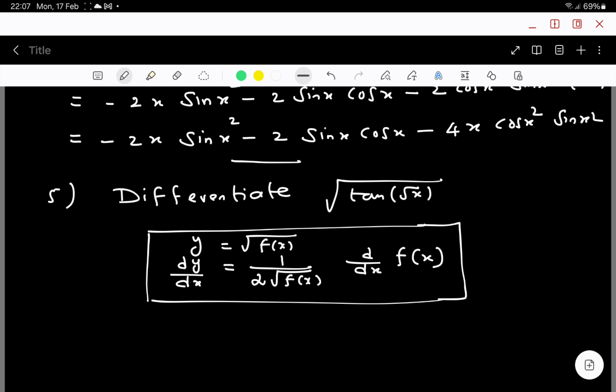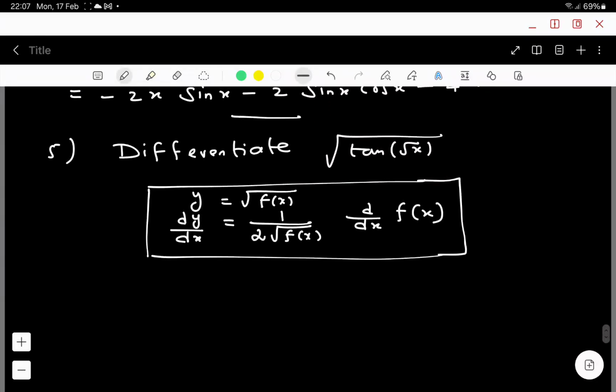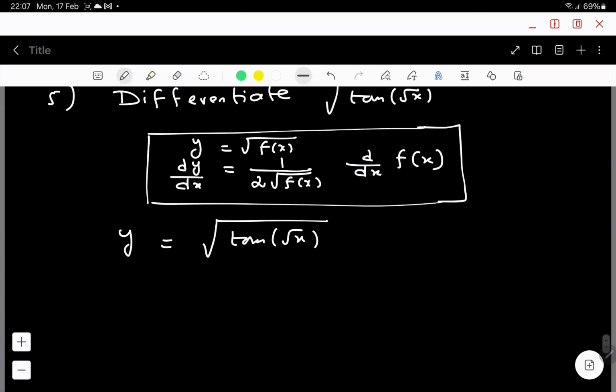That is very, very important. Here first we take the function as y, so root of tan root x. We apply this rule: dy by dx is equal to 1 by 2 times, write the given function as it is, comparing with the square root rule.